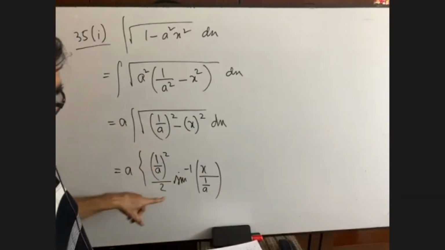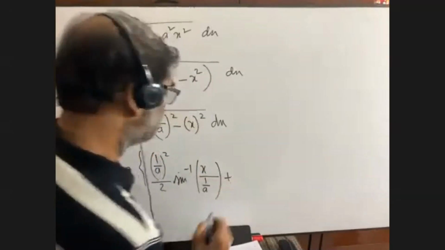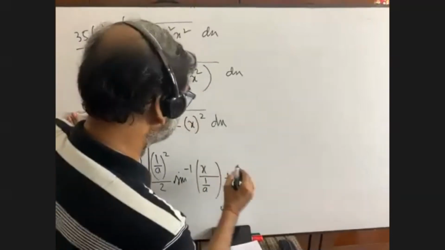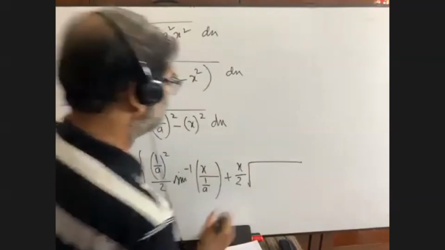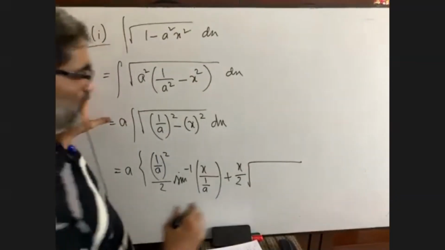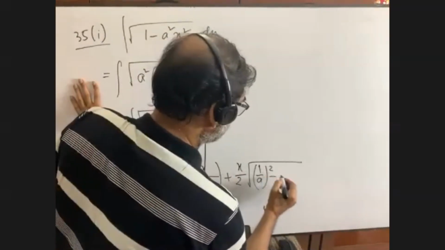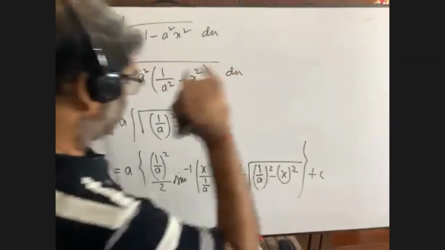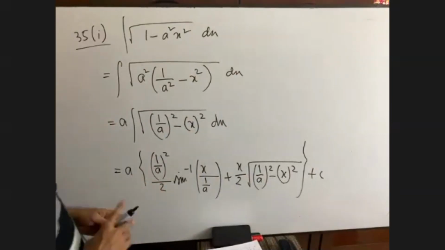A square by 2 sine inverse x by a plus x by 2 root over a square minus x square plus c. Talk to me. What I have written as per the formula.